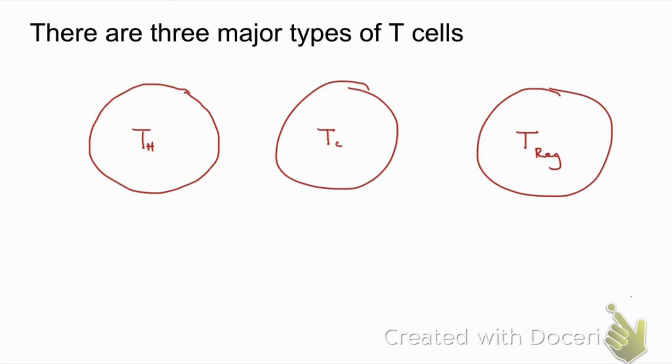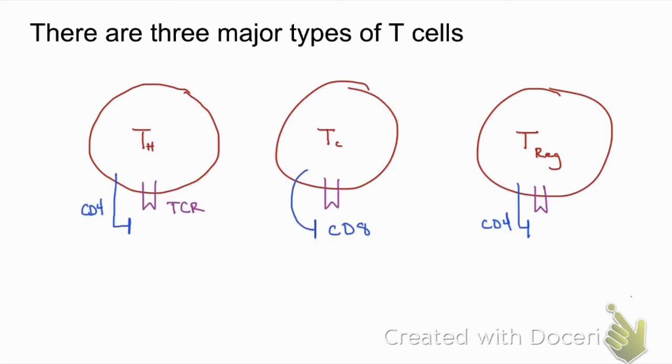The first thing that all three of these cells have in common is what's known as a T cell receptor. This T cell receptor will recognize a specific epitope of a pathogen. Next, they all have what's known as a co-receptor.